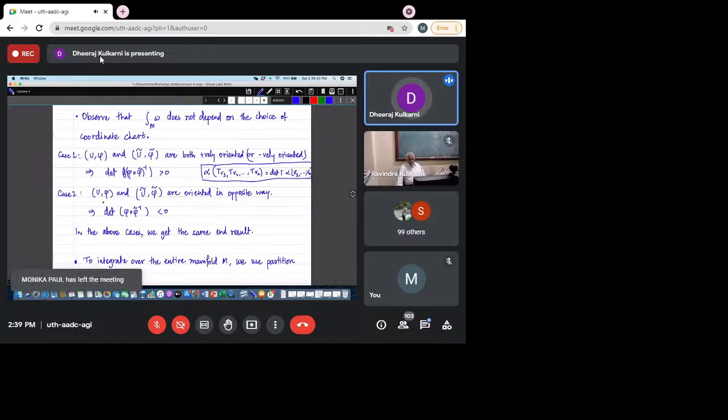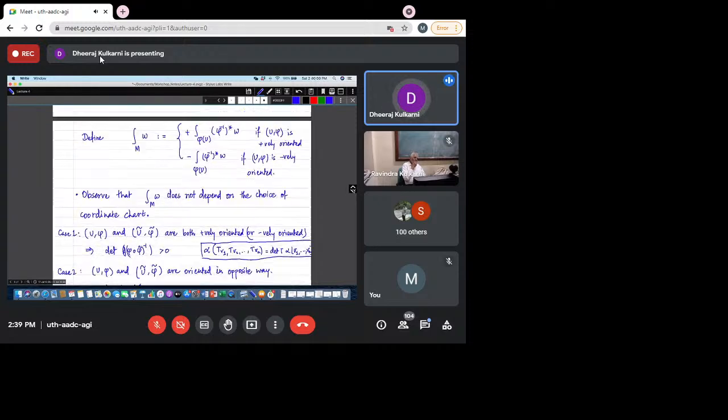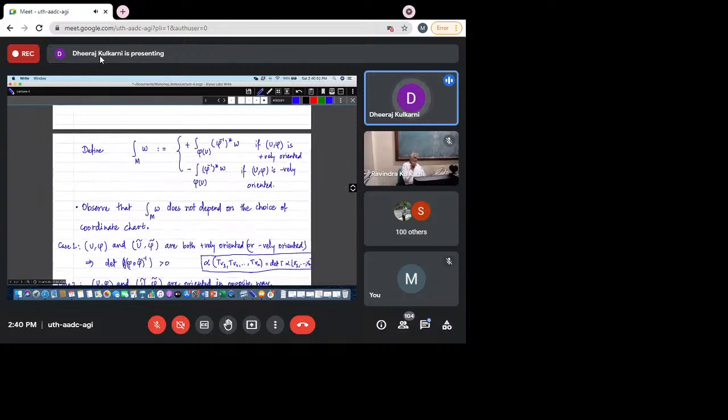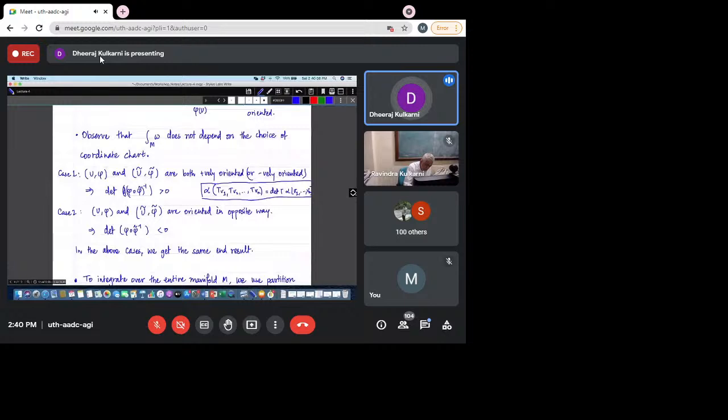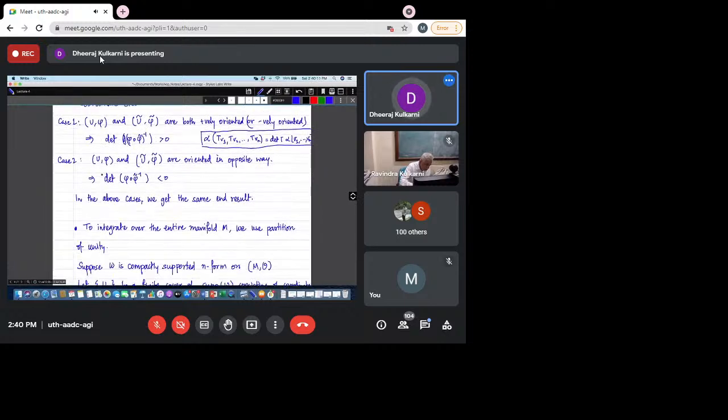In case 2, you assume that (U, phi) and (U tilde, phi tilde) are oriented in opposite way. So that means one of them is positively oriented and the other one is negatively oriented with respect to the specified orientation O on the manifold. So in that case, if you apply the definition using two different charts, you would get the difference in the sign. But then that gets accounted for in the change of variable formula by the sign of the determinant.